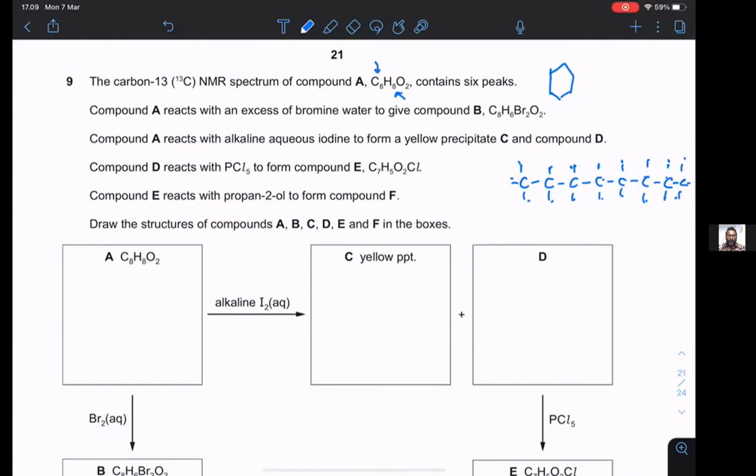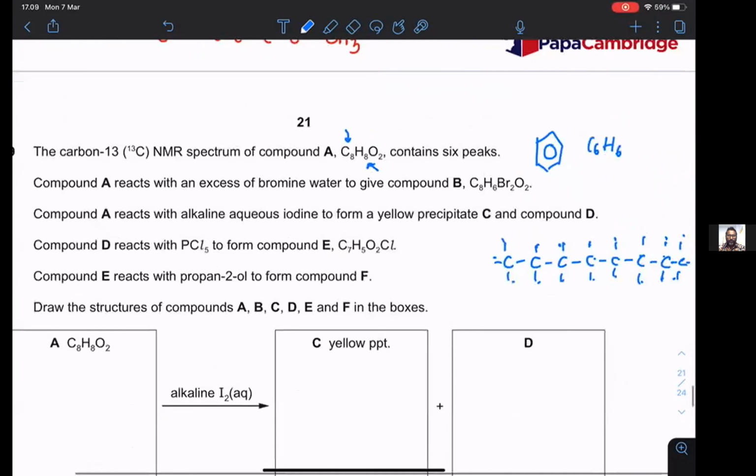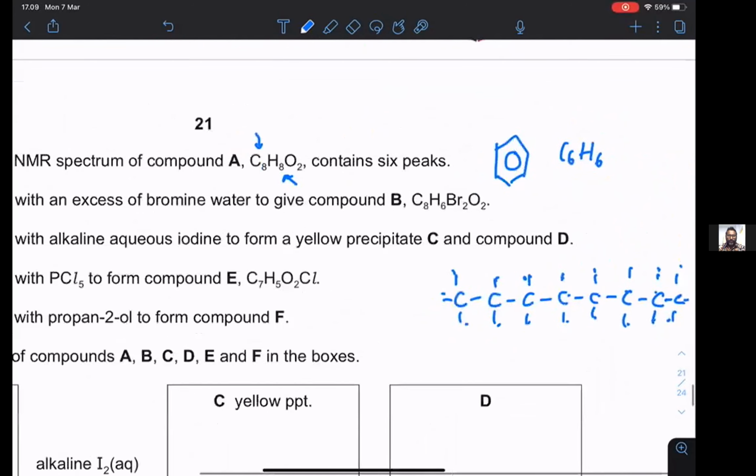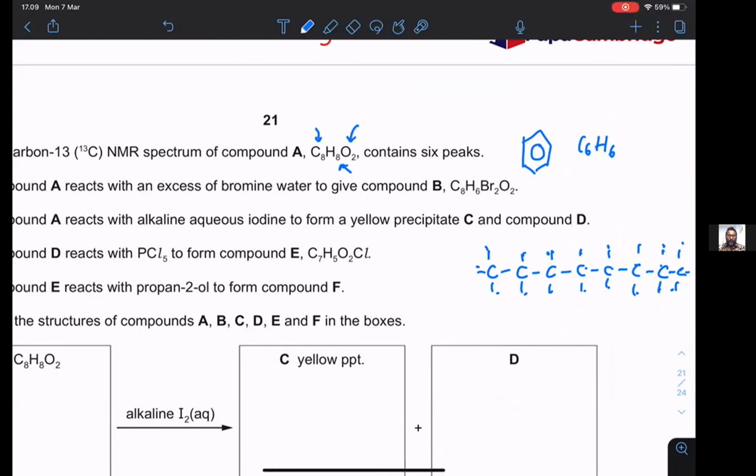That is the first thing that we can put over there. If you have a benzene ring, that's already C6H6, depending on what you have over there. Here I have O2, so there are 2 atoms of oxygen.